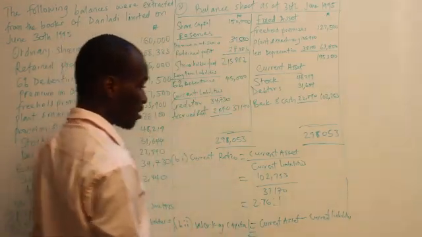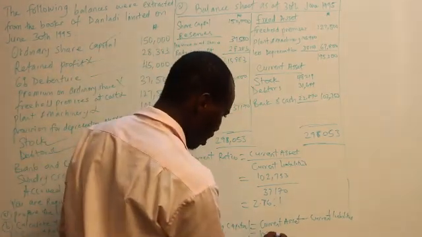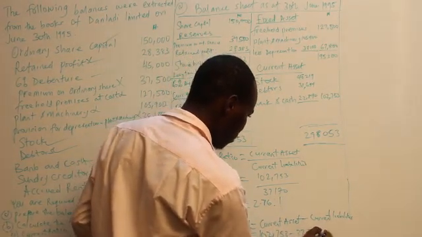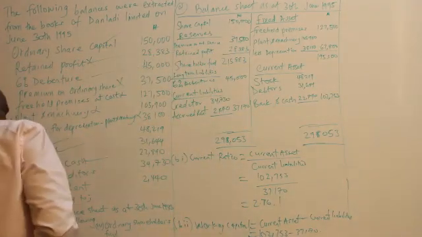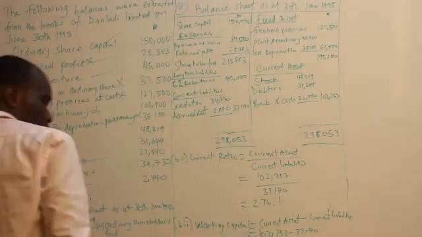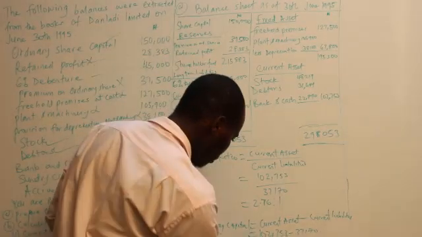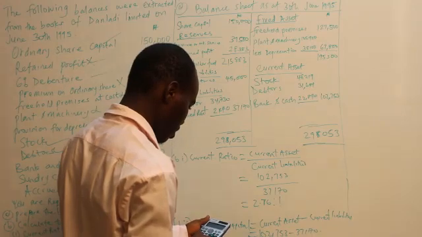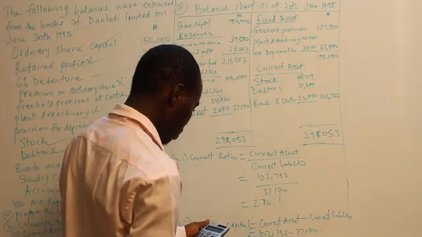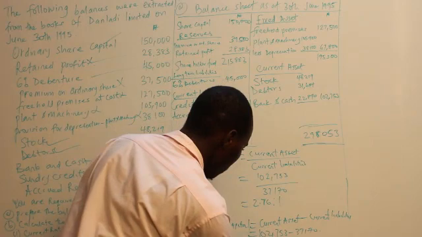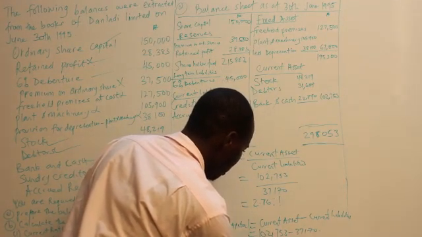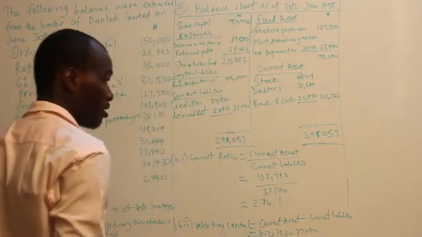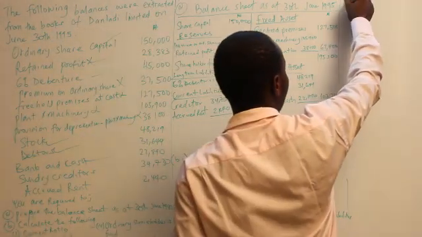So the current asset is 102,753 minus 37,170. So we have 65,583.